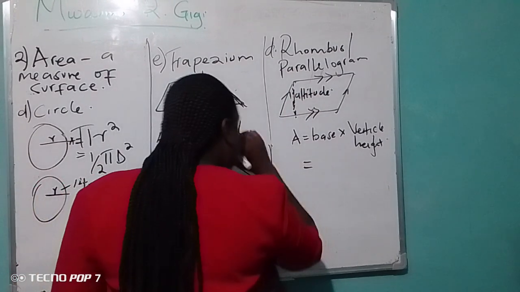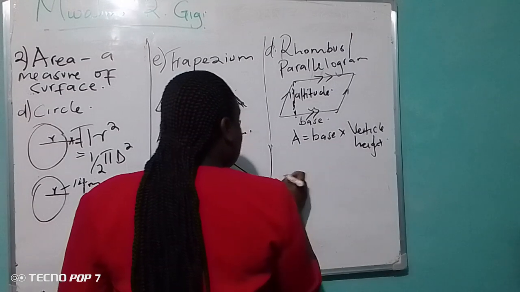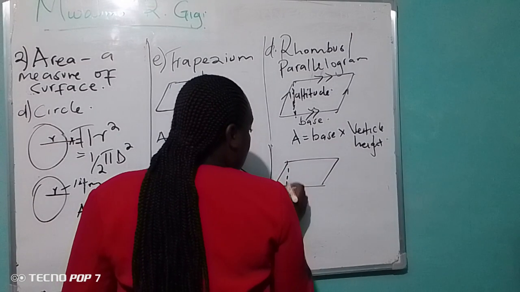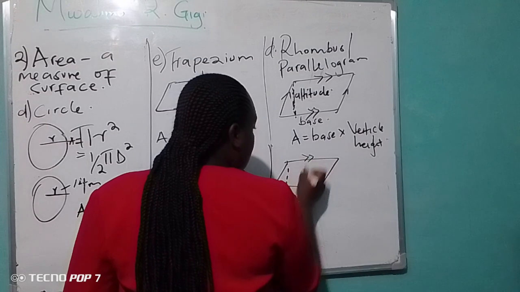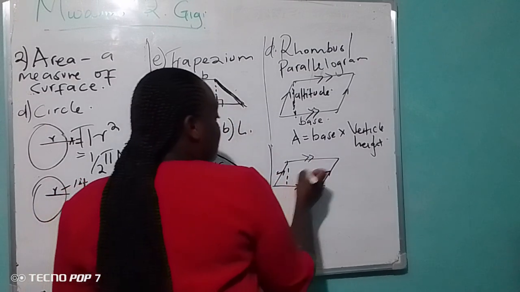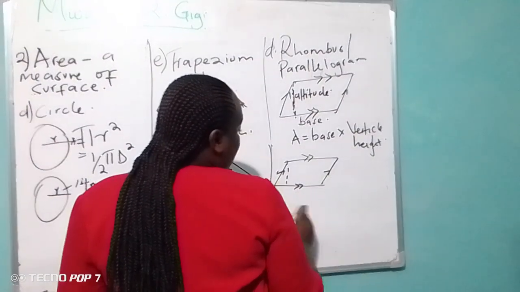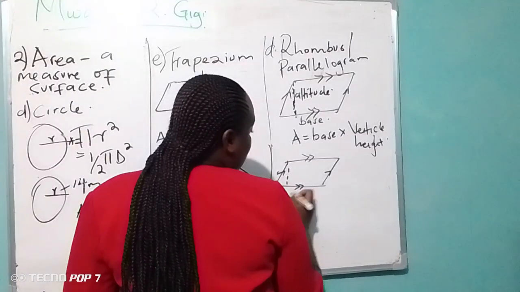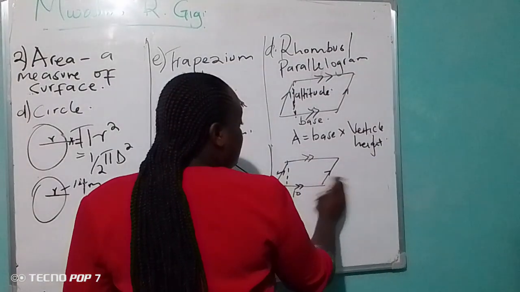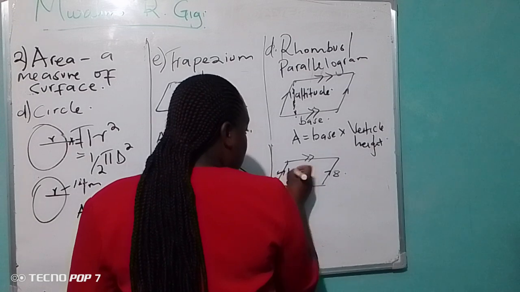So if this is the base. So for example, we have that. The base tuseme ni ngapi? Let's put 10. Width ni 8. So hii 6.